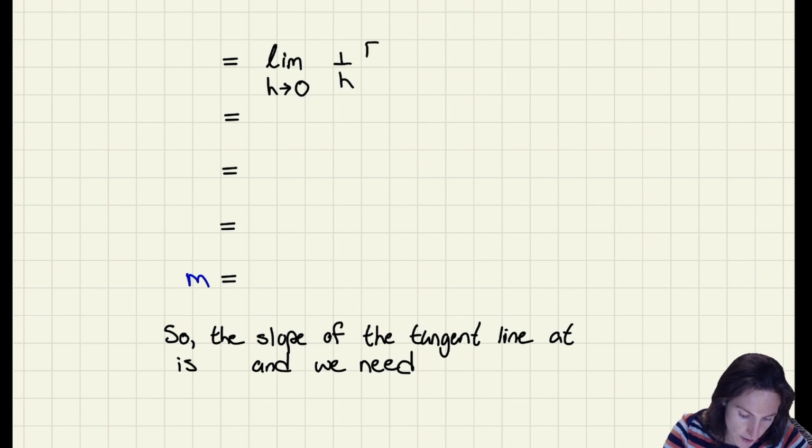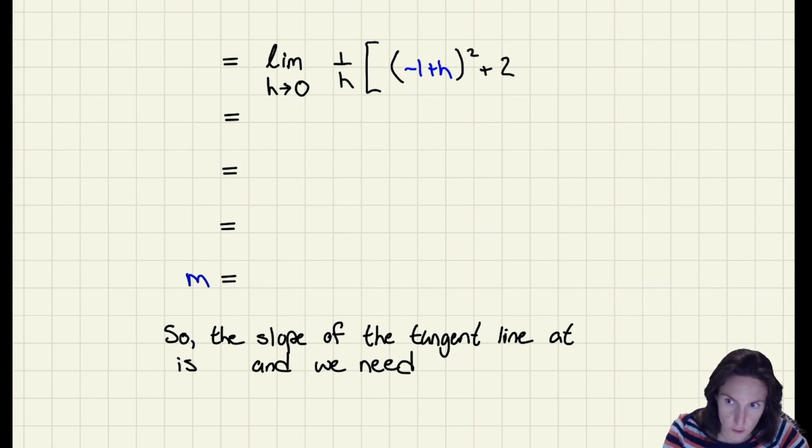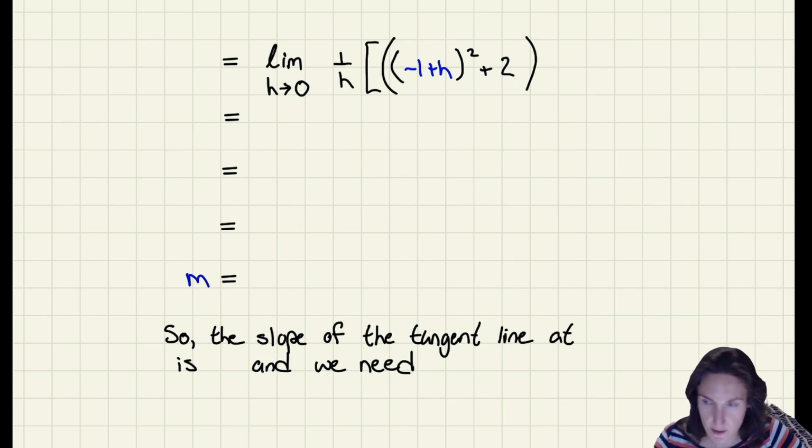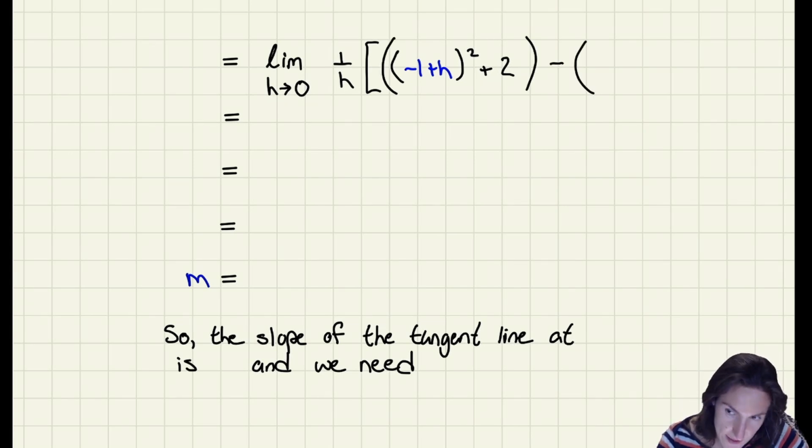So I have 1 over h, now I can do big brackets. I need to look at -1 plus h into the x value, and my function is x squared plus 2. So this is f at a plus h, or -1 plus h, and then we have minus, and then I need to look at f of -1. So I have -1 squared plus 2.